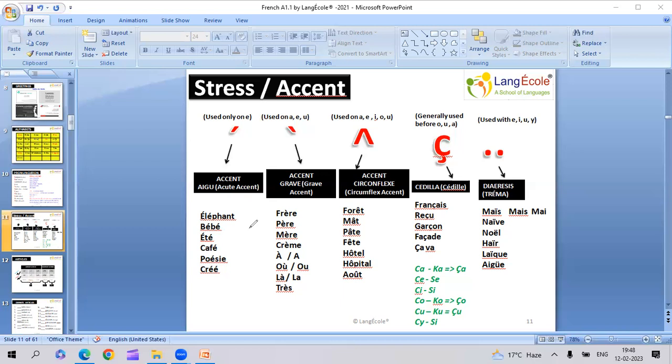Similarly, there are so many words. All the adverb words ending with "ly," like finally, socially, politically, financially.